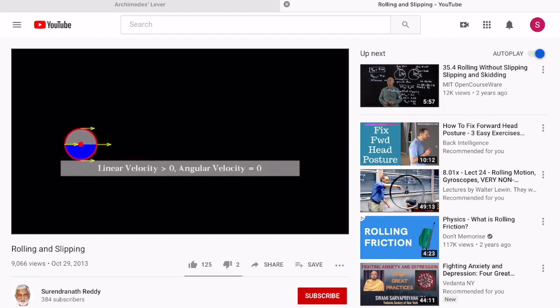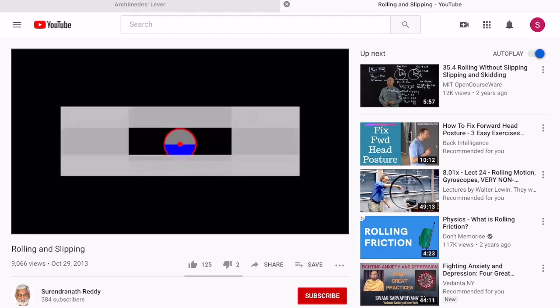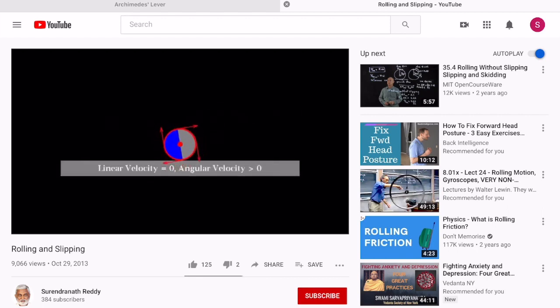Okay, so this is what we just discussed. It's pure translation, right? So the wheel is not changing its orientation at all. It's just pure translation. I haven't made bookmarks for this, so we'll just have to watch the whole thing.